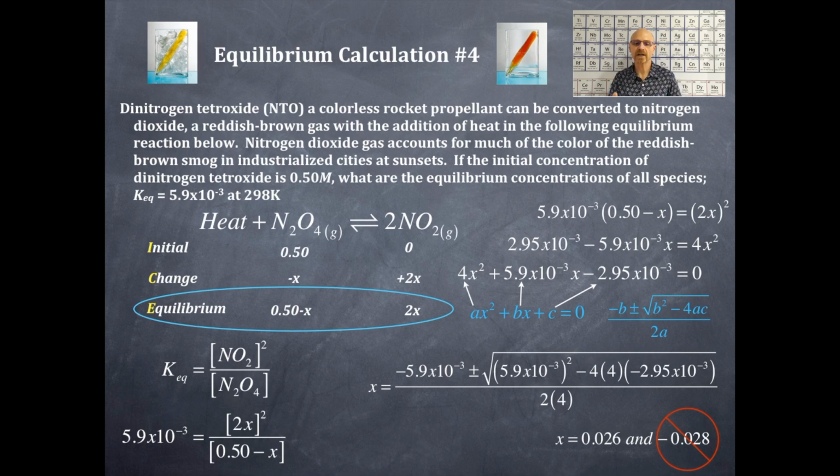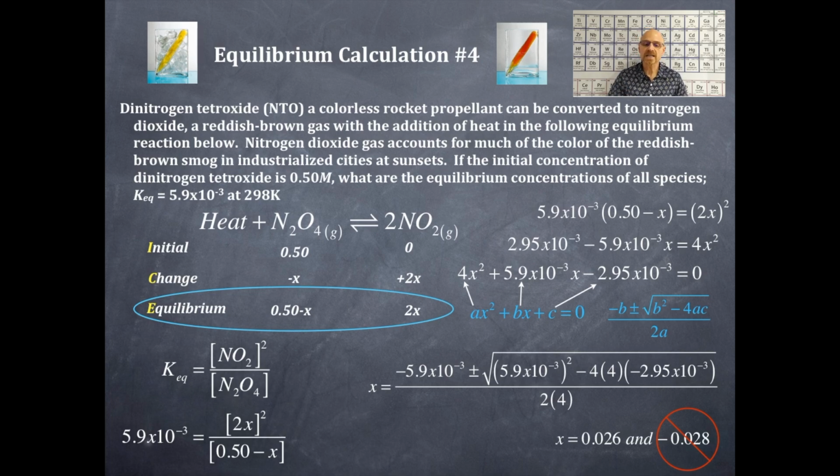Okay? So now what we're going to do is plug this into the equilibrium numbers that we have with the x term. So we're going to substitute this x in for the N2O4 and the NO2. So I had a 0.50 minus x, so it's going to be 0.50 minus 0.026, and then I'm going to say 2 times x, which would be 2 times 0.026.